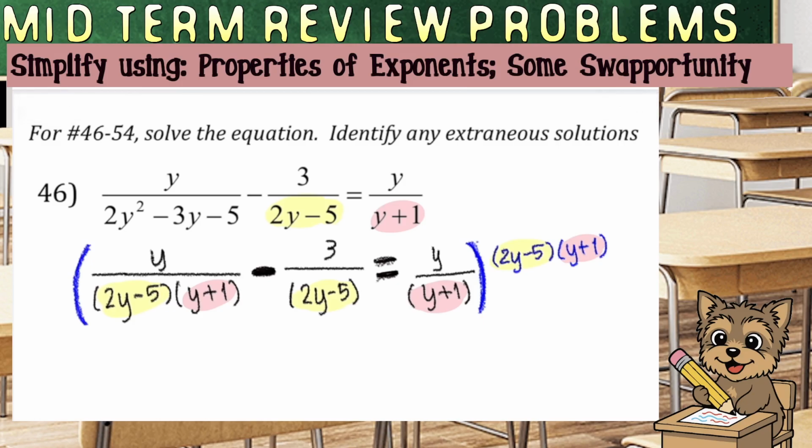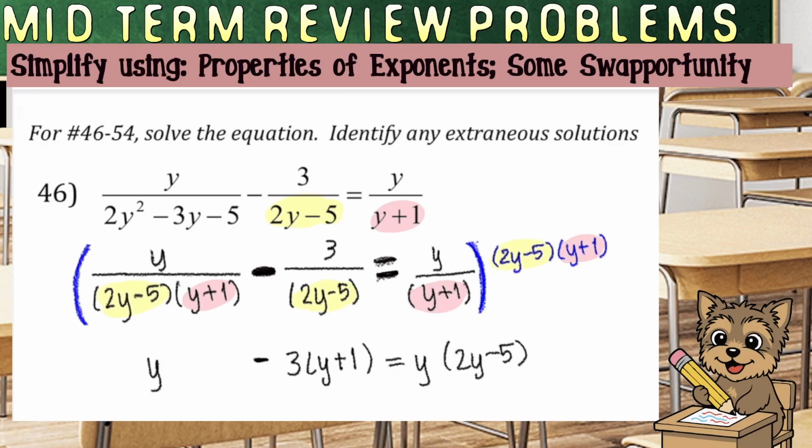Let's keep it moving. If I distribute that over to this first part, the 2y minus 5 and y plus 1 cross out, and I'm just left with y, minus 3, the 2y minus 5 crosses out, and y plus 1 gets multiplied by the 3, equals, the y plus 1's cross out, that y is already up there, and it gets multiplied by 2y minus 5.